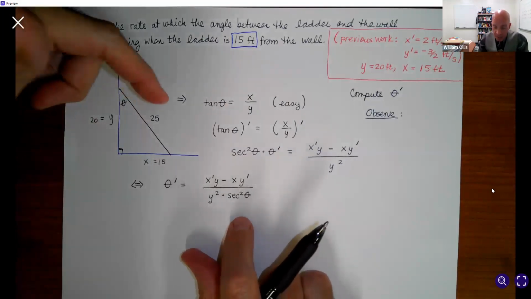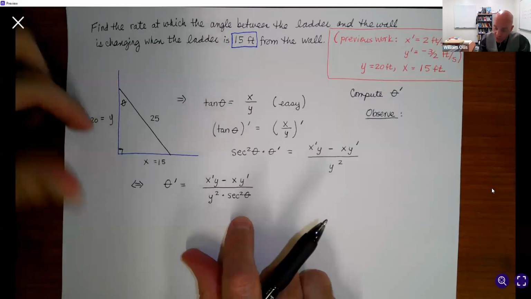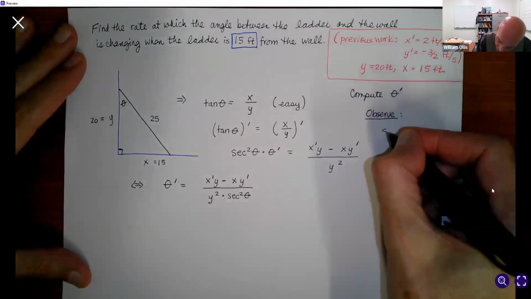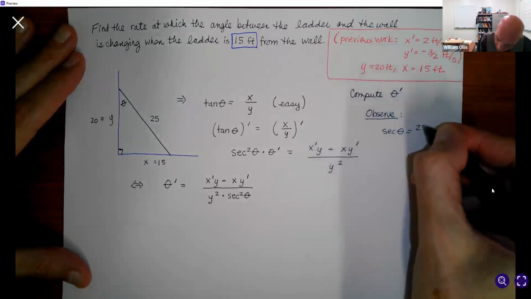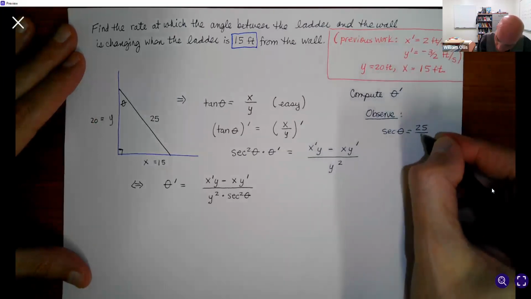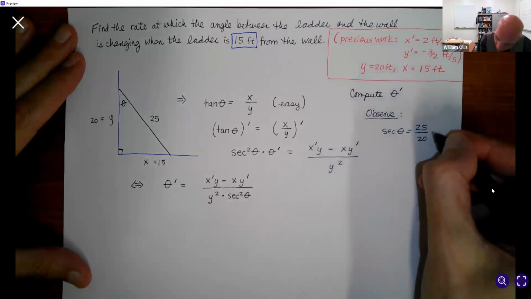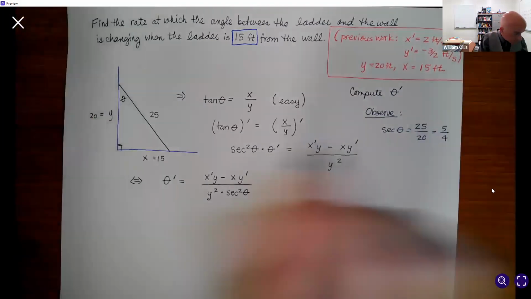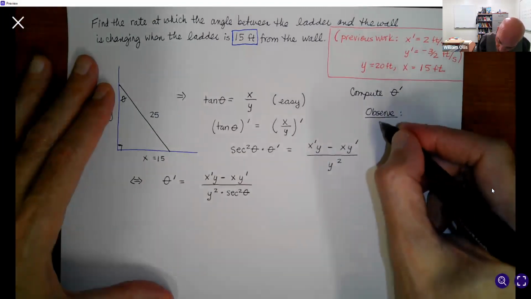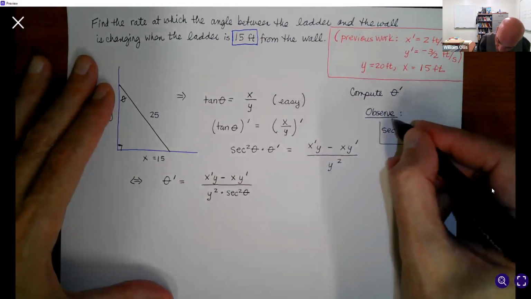So now we need hypotenuse over adjacent, which is the reciprocal. So we have secant theta equals hypotenuse over adjacent. So the 5's absorb, and that gives us 5 over 4. So this is another given piece of information here.